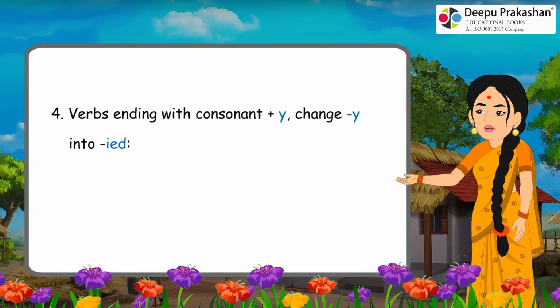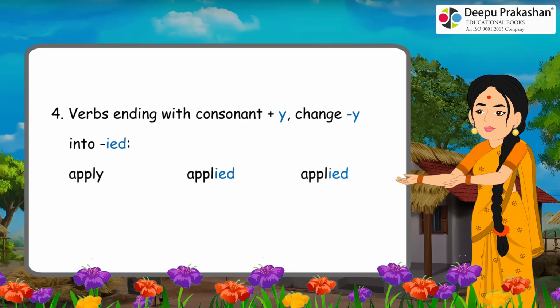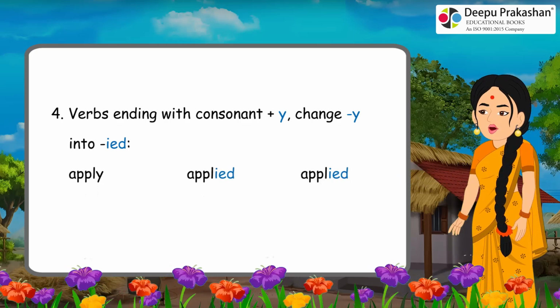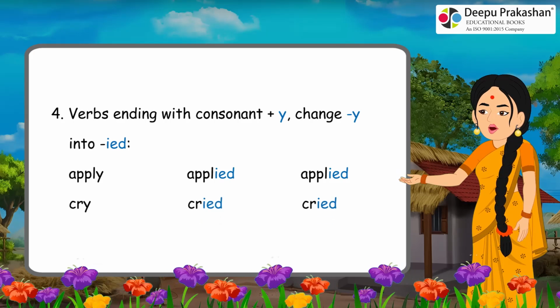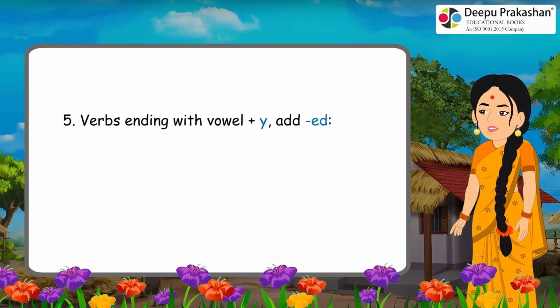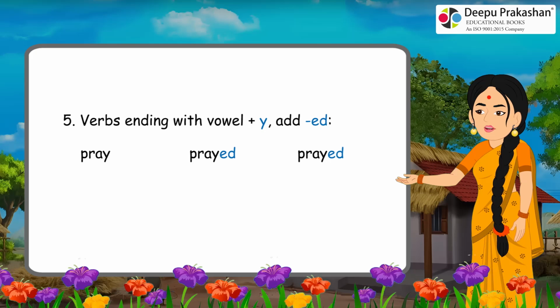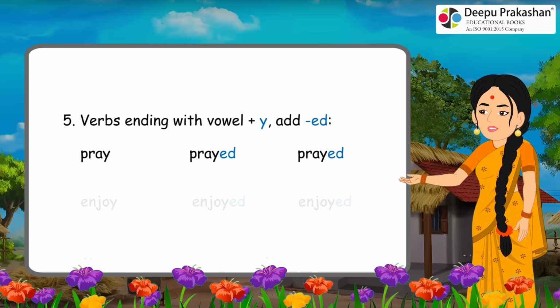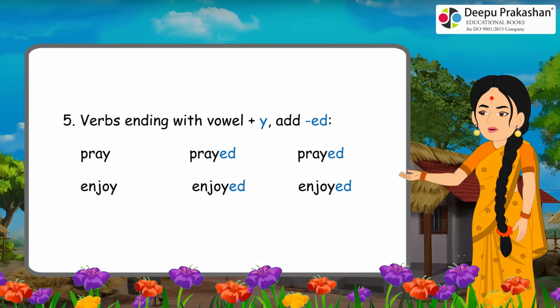Verbs ending with consonant plus y, change y into ied. Apply, applied, applied. Cry, cried, cried. 5. Verbs ending with vowel plus y, add ed. Pray, prayed, prayed. Enjoy, enjoyed, enjoyed.